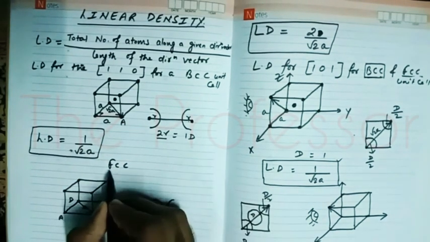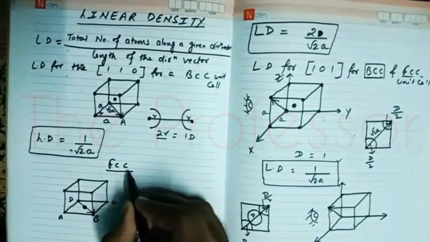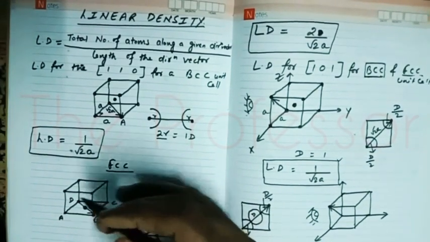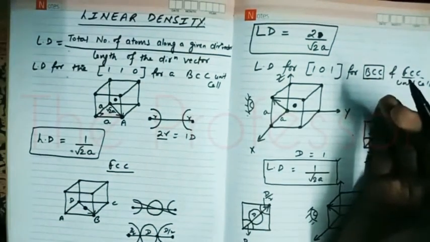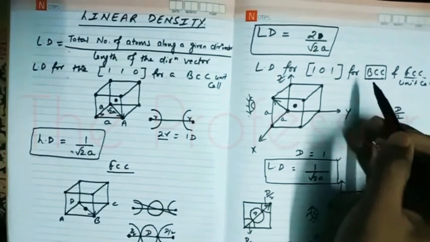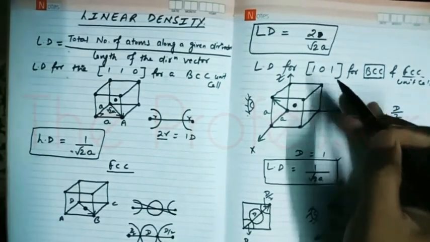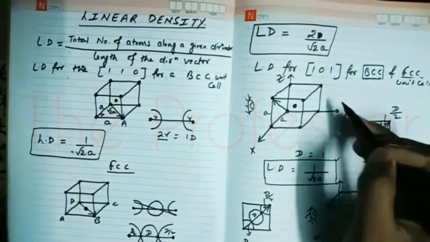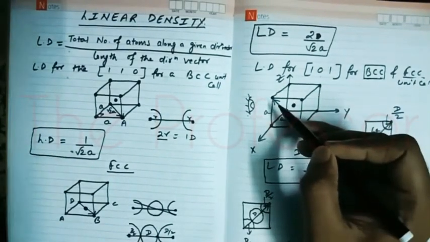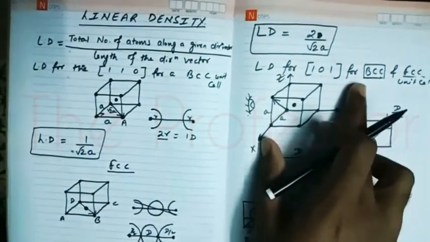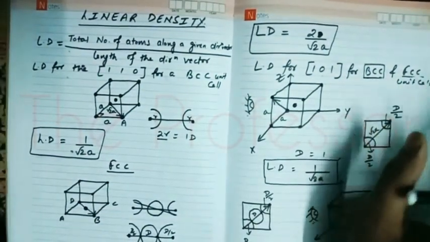Similarly, we calculated the linear density for the FCC, face centered cubic, unit cell. Then we changed the direction vector from 110 to 101. Even after changing the direction vector, for both BCC and FCC unit cells, we found that the linear densities for these two different direction vectors were the same.